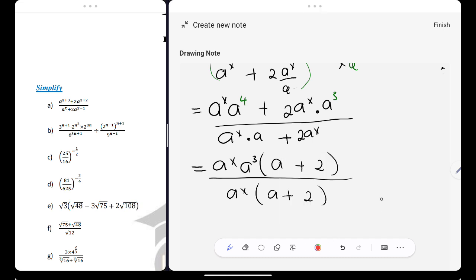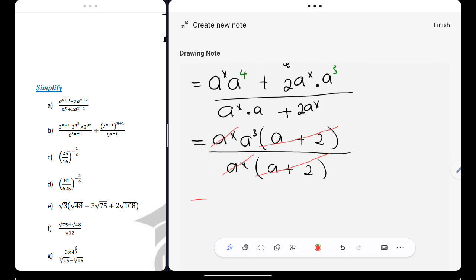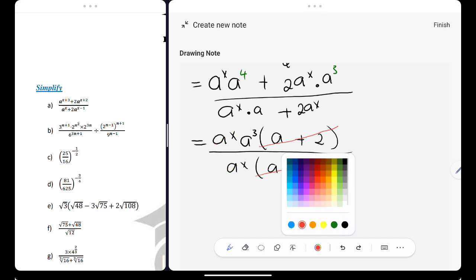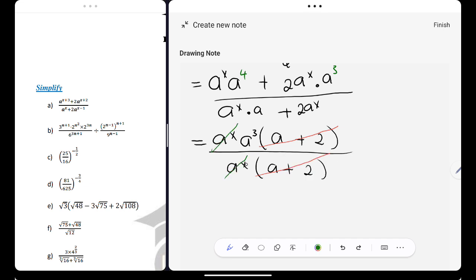These two things will cancel one another. And then I'll be left with, let me cancel with a different color. Then I'll be left with what? A cubed.